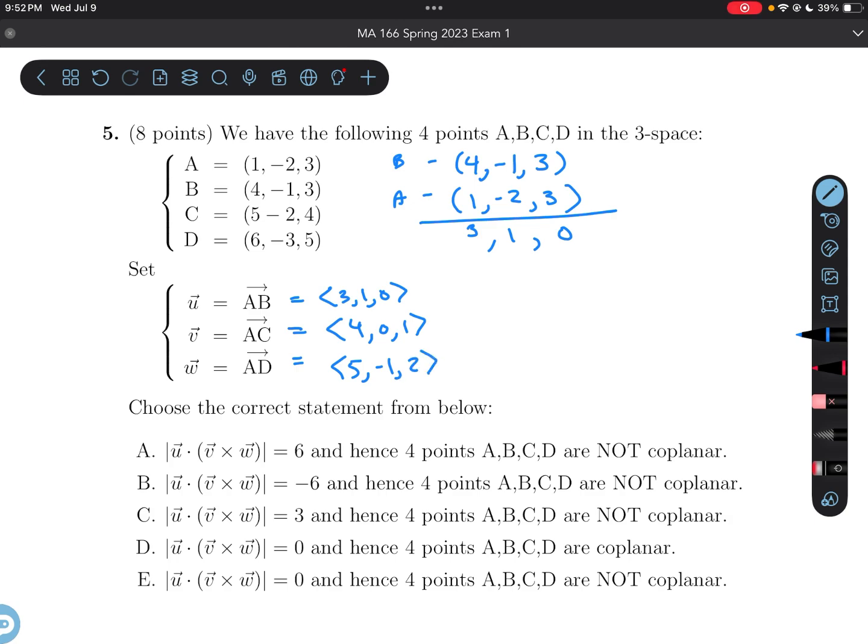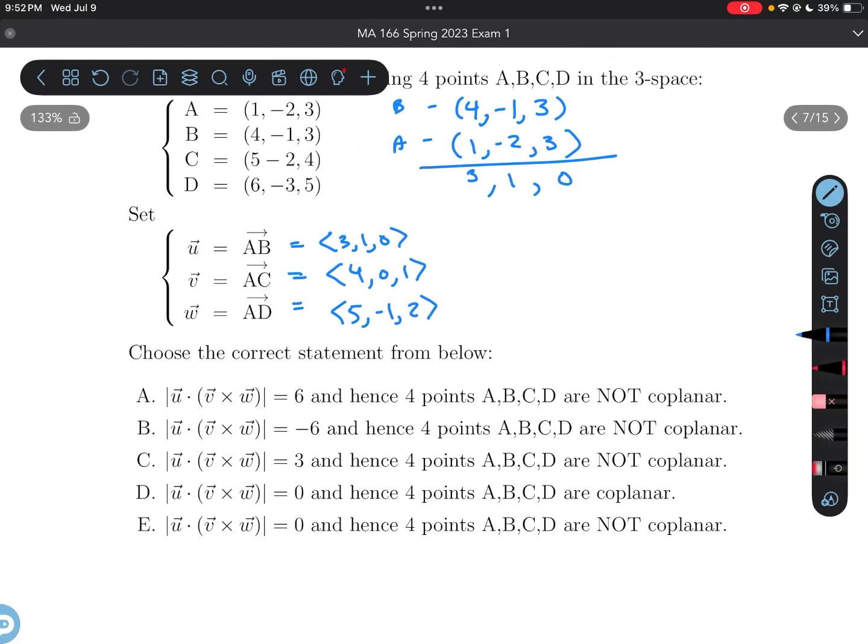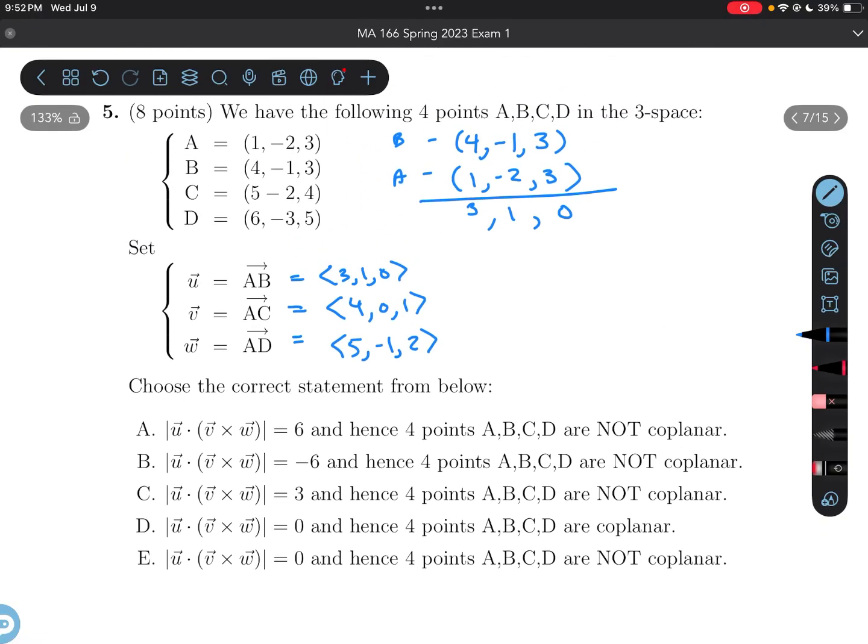Okay, and basically this question wants us to decide whether u, v, w are coplanar or not coplanar. Or well, whether the 4 points are coplanar or not coplanar.